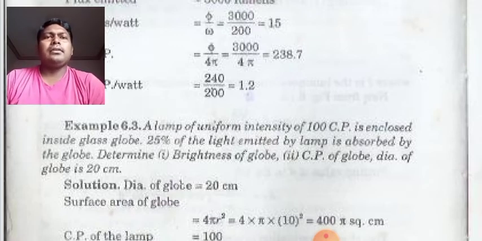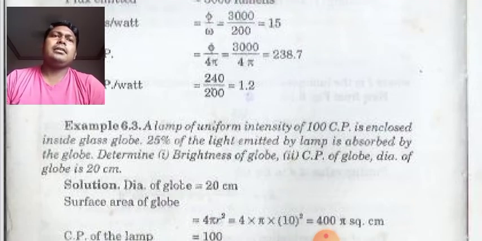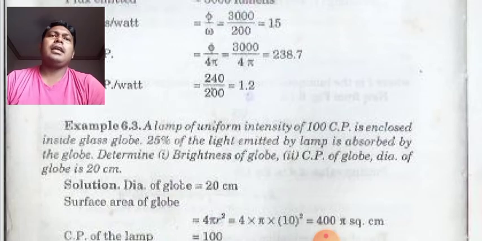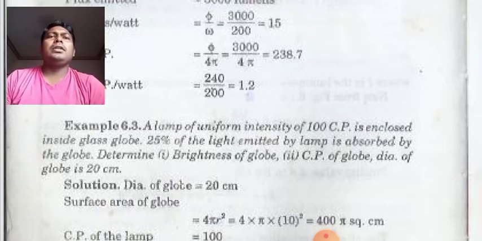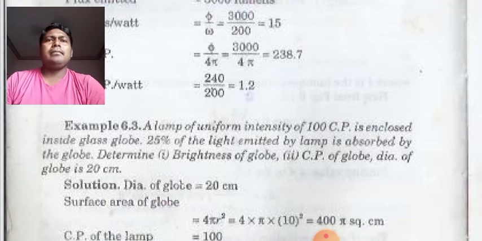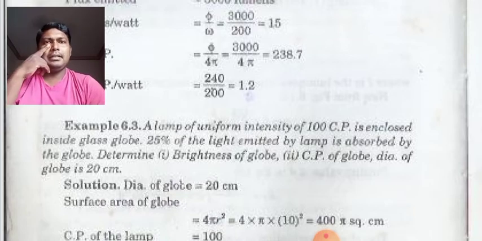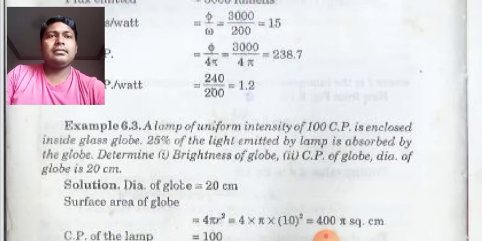We have to find the brightness and the candle power of the globe. The conditions are that the lamp has a uniform intensity of 100 candle power and is enclosed inside a glass globe. 25% of the light emitted by the lamp is absorbed. Whatever light is emitted, 25% of it is absorbed by the glass globe, right? So let us solve this one.